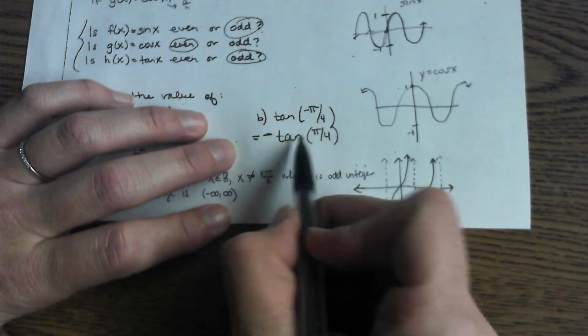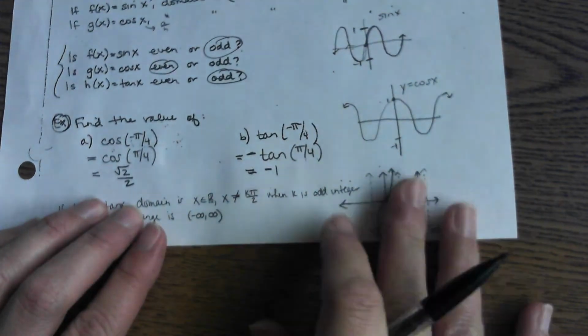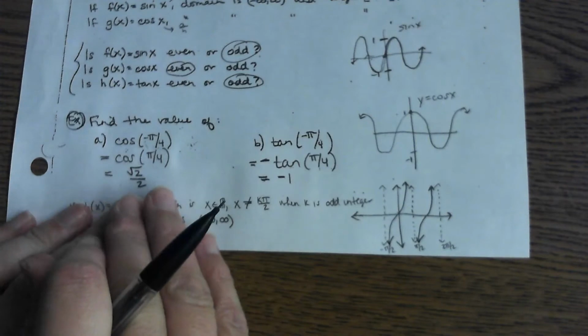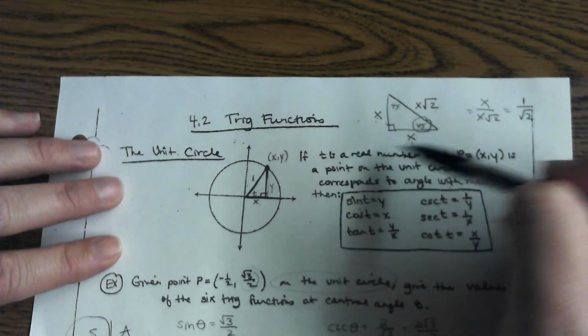And since the tangent of pi over 4 is 1, this would just be negative 1. So for right now, I'm not making you re-memorize the values, but I am making you memorize what happens in an isosceles triangle.